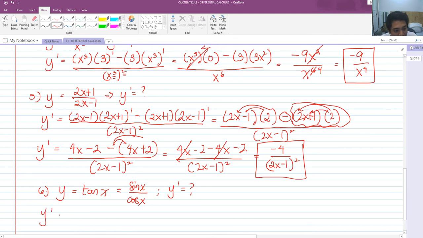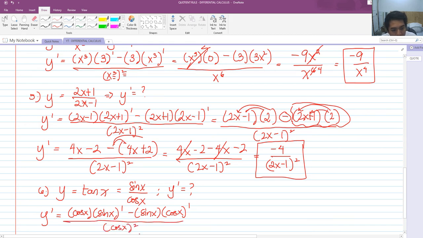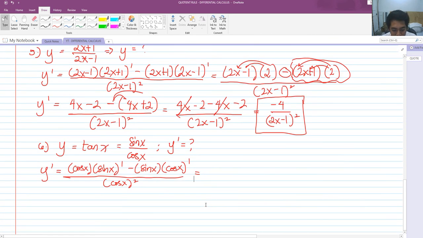So if we try to get the derivative of that upon applying the low d high minus high d low all over low squared, or the quotient rule, we have low cosine of x multiplied by the derivative of high, minus high sine of x multiplied by the derivative of low cosine of x, all over low squared. So we have to square the cosine of x in the denominator. That would be the case upon applying the quotient rule.